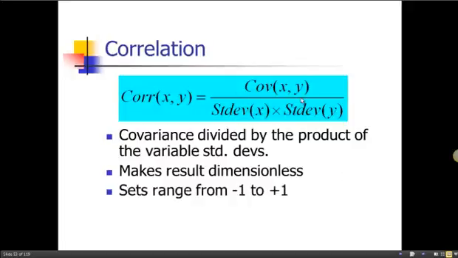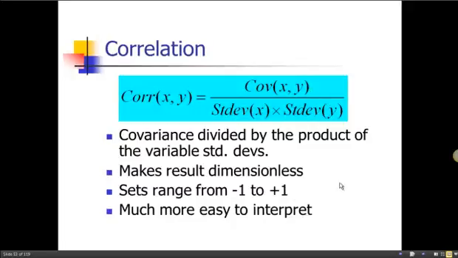The other thing that happens, again, because the scale is reduced, is that the maximum magnitude you can have for the correlation coefficient is going to be a value of 1. And because the sign tracks with the direction of the relationship, the overall range is going to be from -1 to +1. This now is much easier for us to interpret, both in terms of the units as well as the fact that the magnitude of this correlation coefficient can only go from 0 to 1 regardless of what the magnitudes are of any of these original units.